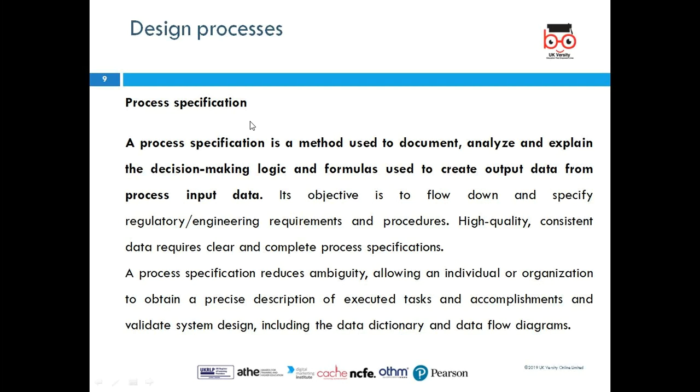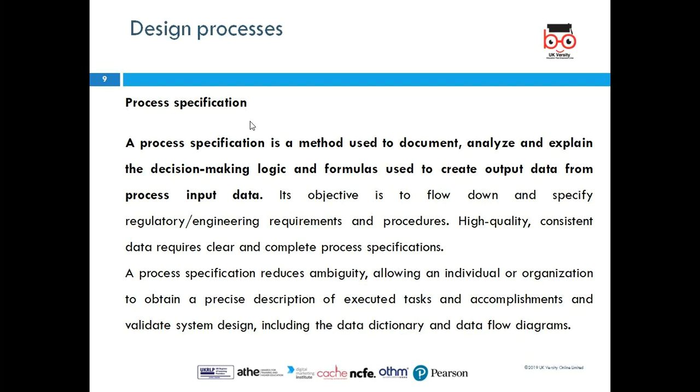Its objective is to flow down and specify regulatory engineering requirements and procedures. High quality, consistent data requires clear and complete process specifications. A process specification reduces ambiguity, allowing an individual or organization to obtain a precise description of executed tasks, accomplishments, and validate system design, including the data dictionary and data flow diagrams.